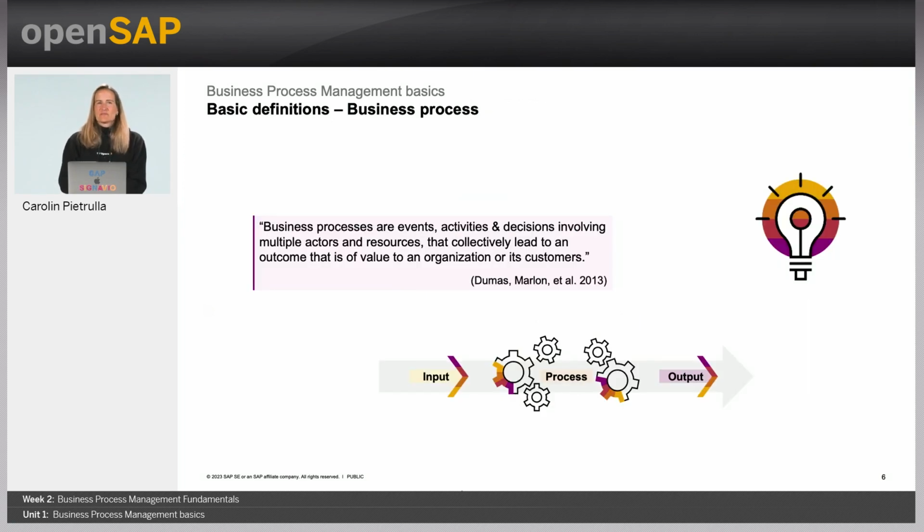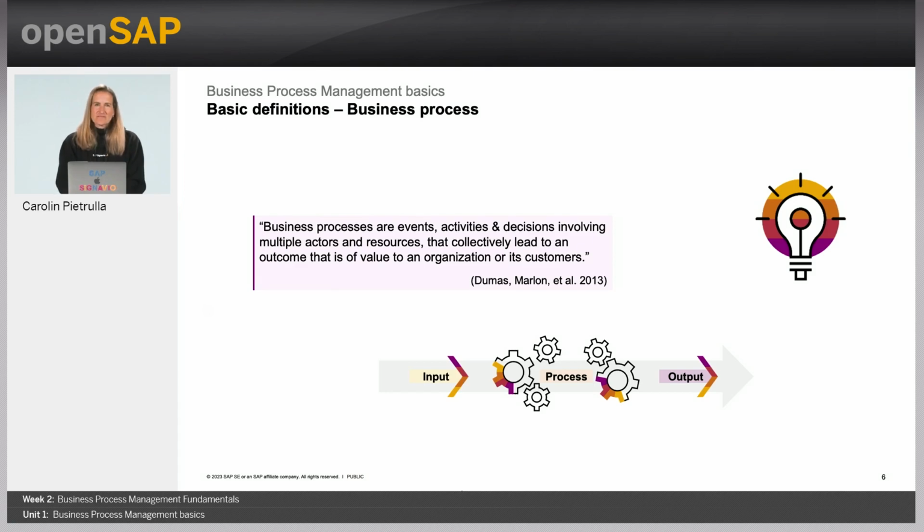Now, for the sake of completeness and to give you some food for your final exam questions, I have brought some academic definitions with me. Just so you've heard about it before, I would like to introduce you to the most commonly accepted definition of a business process. I copied it from a book that I like to call the Bible of BPM, called Fundamentals of Business Process Management, written by 4 BPM experts who have published many books on the topic of process management.